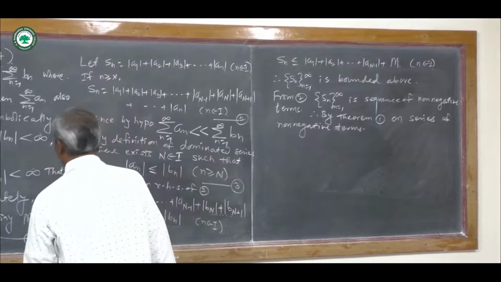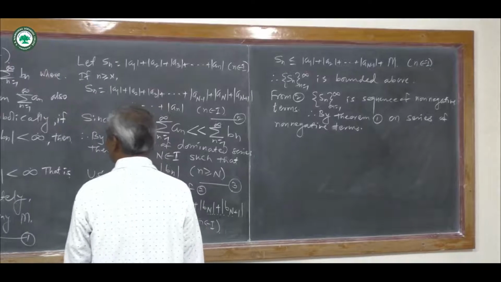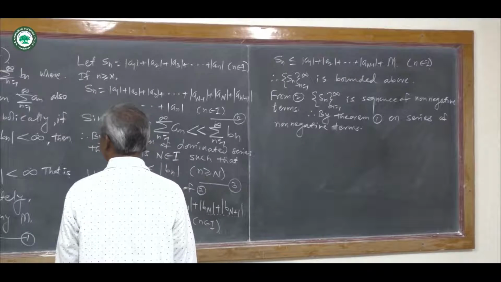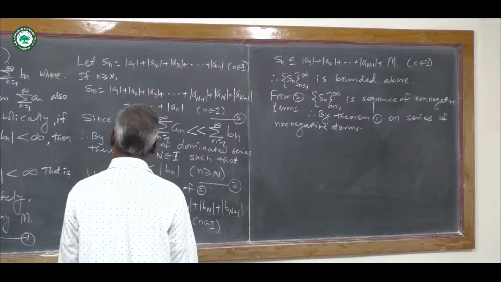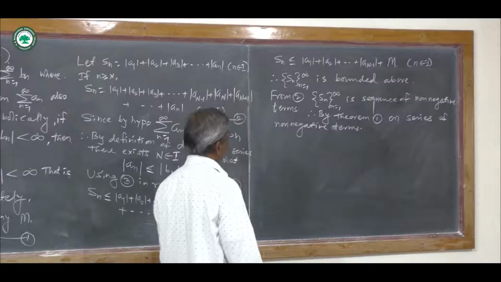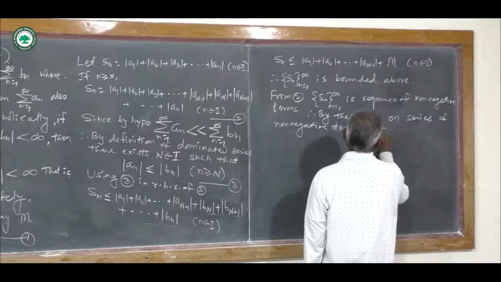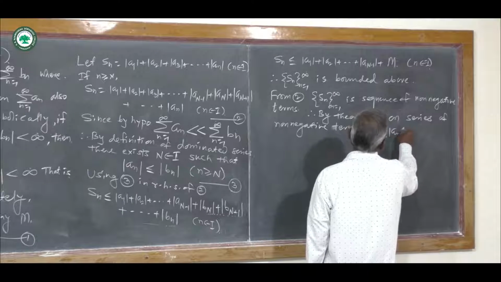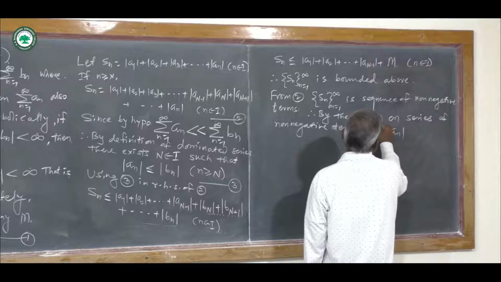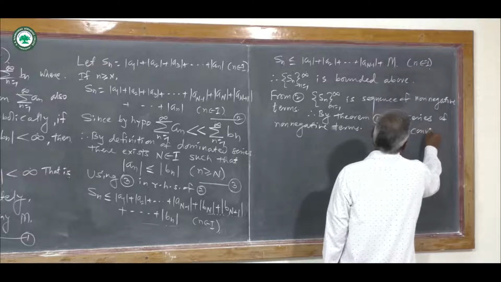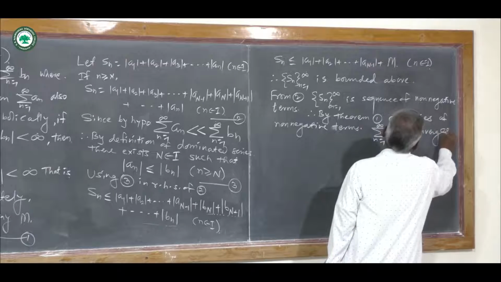Therefore sigma mod An converges. Therefore sigma mod An, n equal to 1 to infinity, converges.